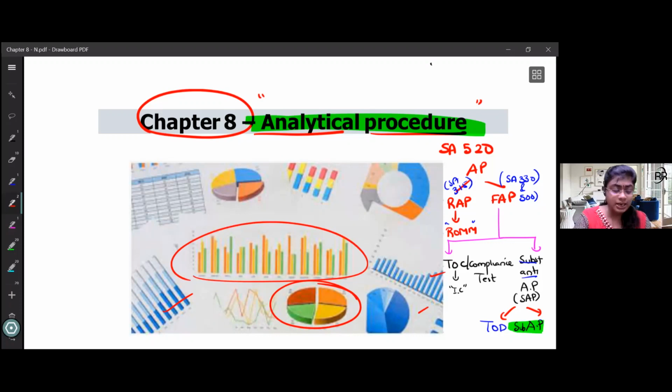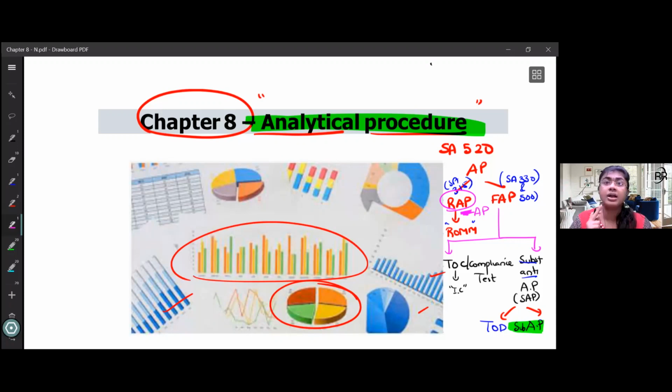So even this analytical procedure can be conducted in the risk assessment stage also. So here also we can conduct analytical procedure as a part of risk assessment procedure.